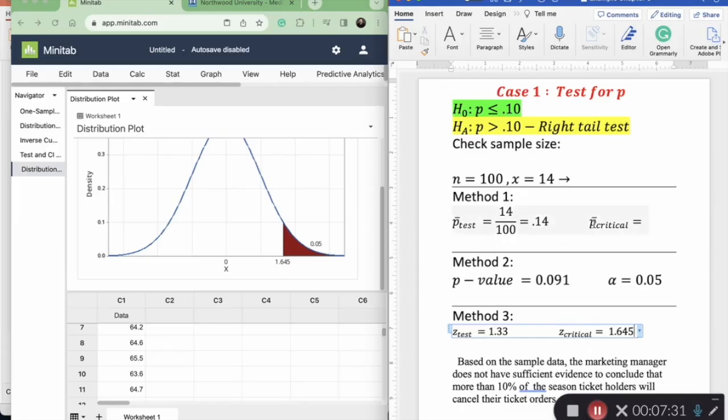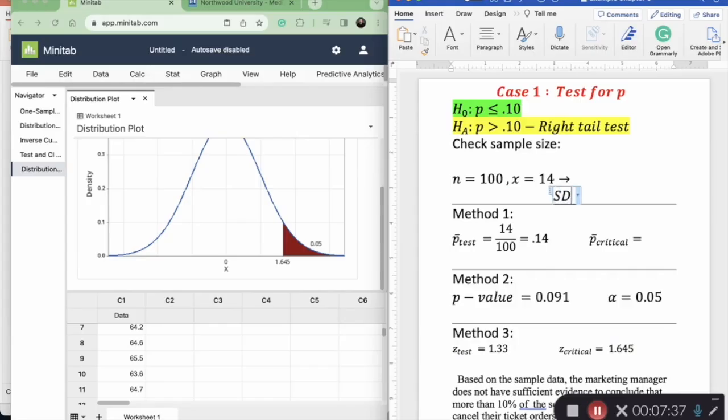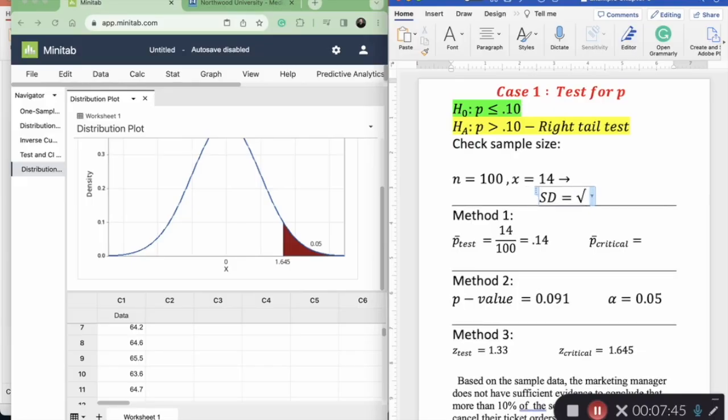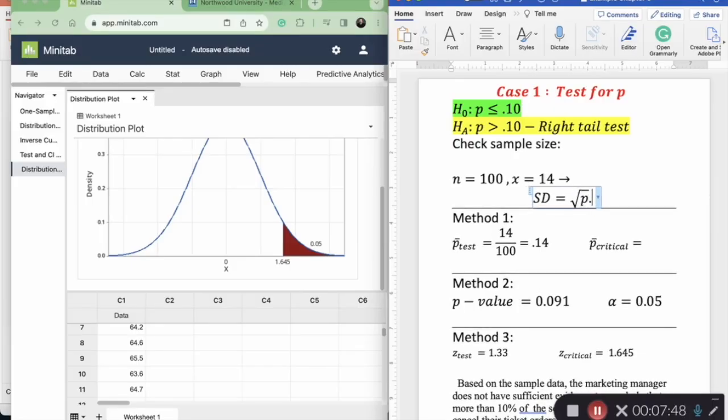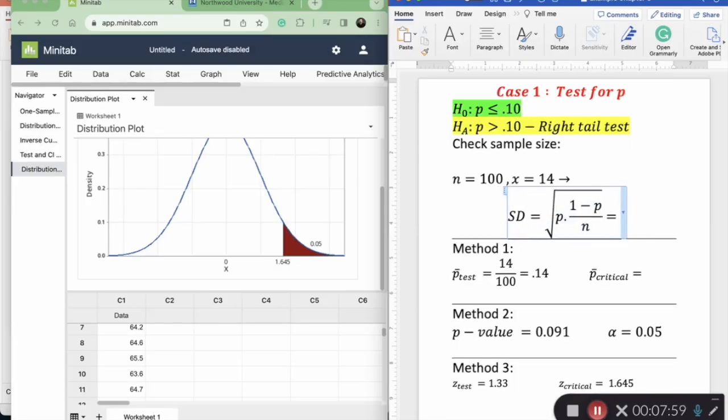To get the p bar critical, we have to get the standard deviation. The standard deviation is the square root of p times 1 minus p divided by n, which is 0.1 times 1 minus 0.1 divided by 100, all under the square root.